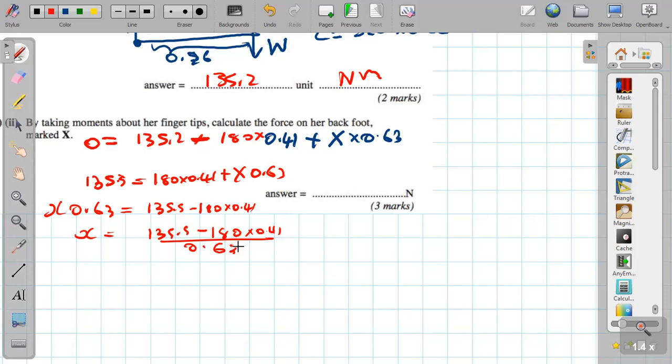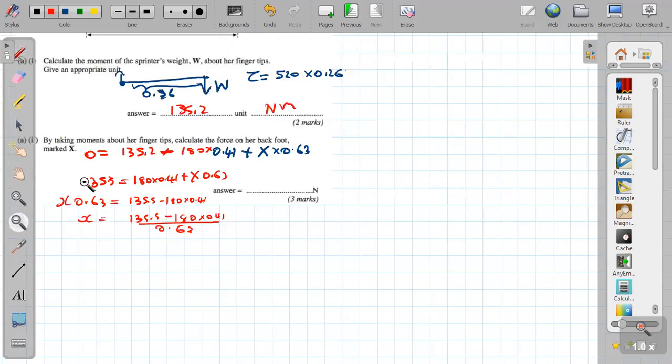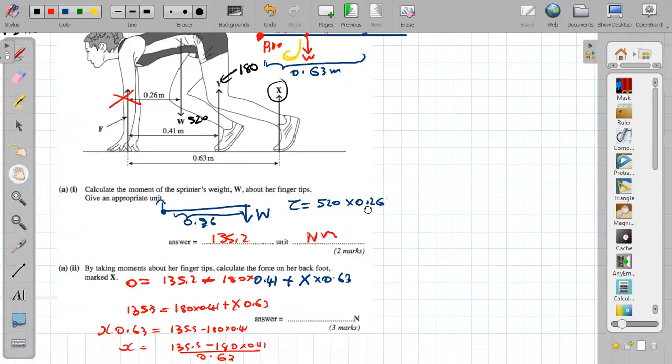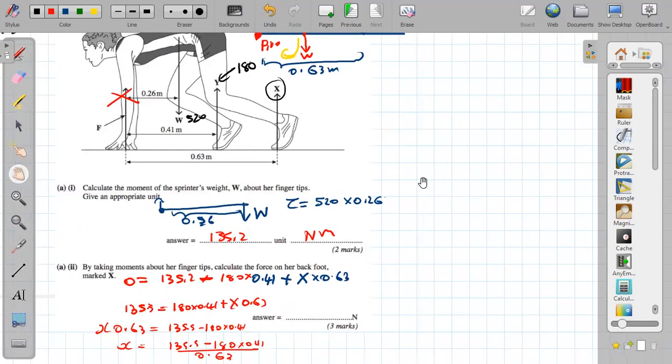So since they've asked for moments about the fingertips, we have to consider that as the pivot, and from that onwards all the forces until the back foot.